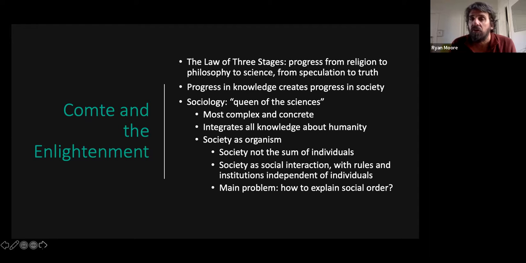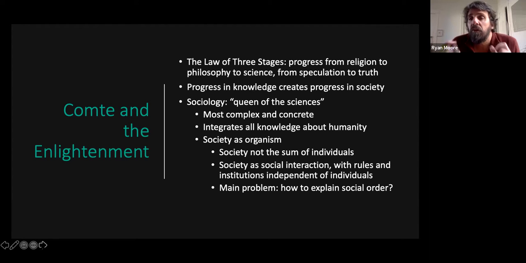Society has to be understood as a network of relationships, as social interactions with rules and institutions that are independent of individuals. So not just the sum total of individuals, but something that actually shapes individual lives, especially rules and institutions, forms of social interaction that shape people's lives as much as, or more than, people shape society.